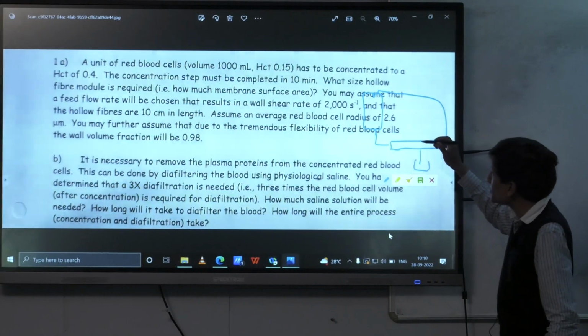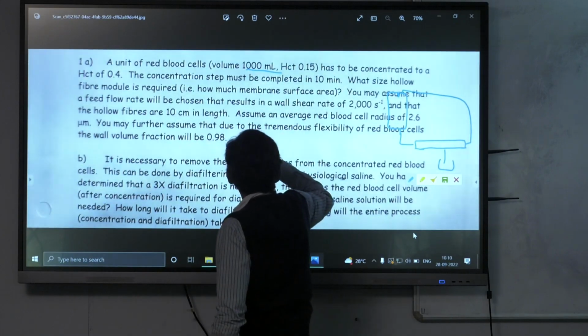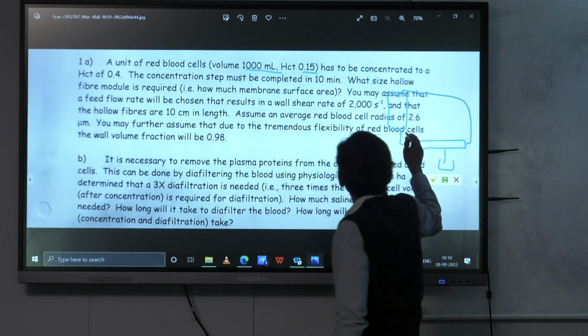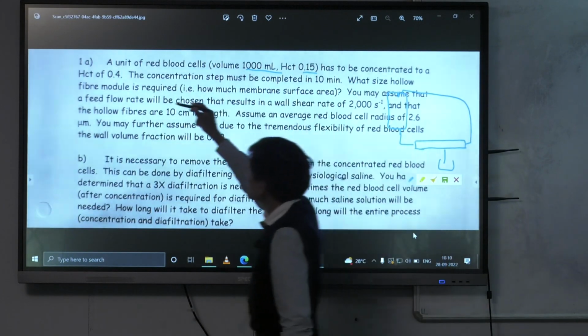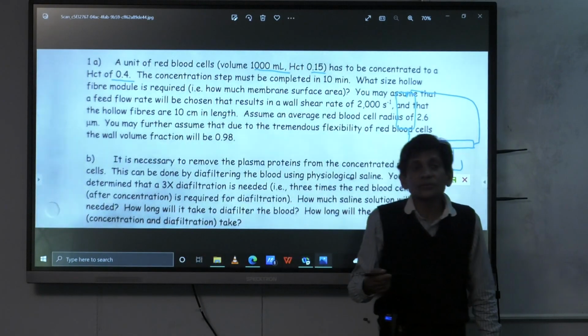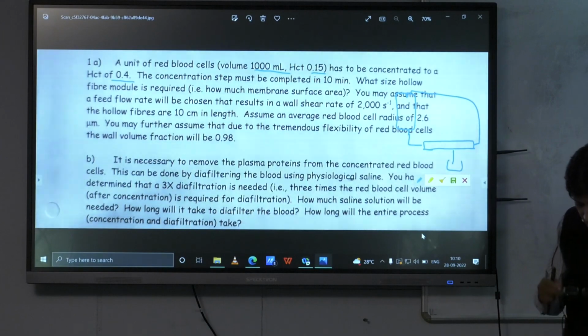So who can tell me, we start off with a volume of 1000 ml at a hematocrit of 15%, and we want to concentrate it to a hematocrit of 0.4, 40%. So how much liquid do we need to remove? Who had a look at this and worked it out?